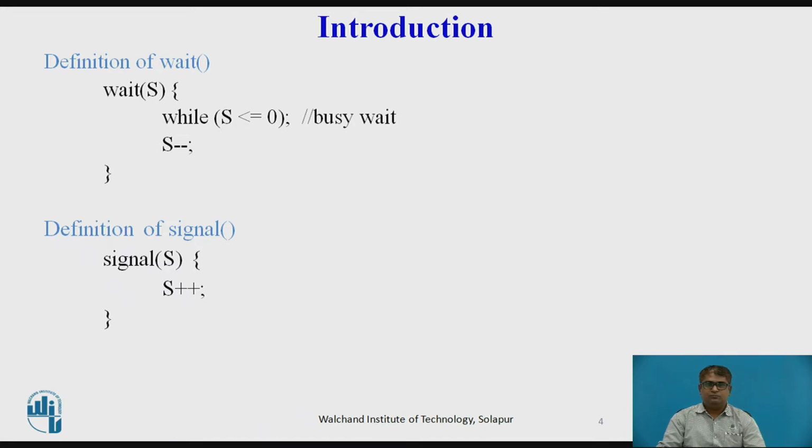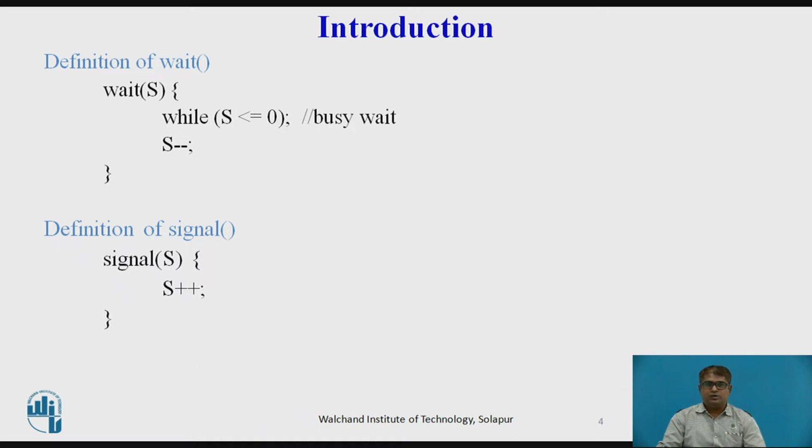The definition of wait is shown here on the slide. In addition, in the case of wait, the testing of the integer value of S being less than or equal to 0, as well as its possible modification, that is S--, must be executed without interruption.